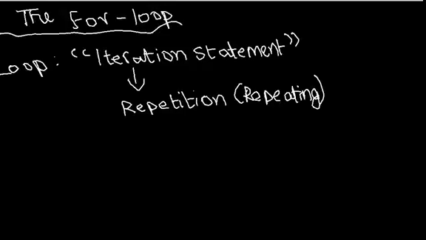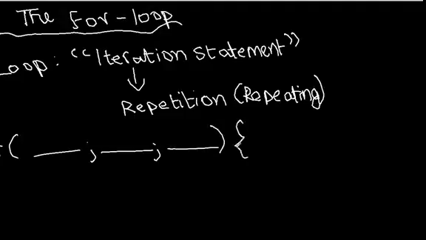Now, what is a for loop? A for loop basically is a loop which has three blanks which you have to fill, separated by semicolons, and you have something here.